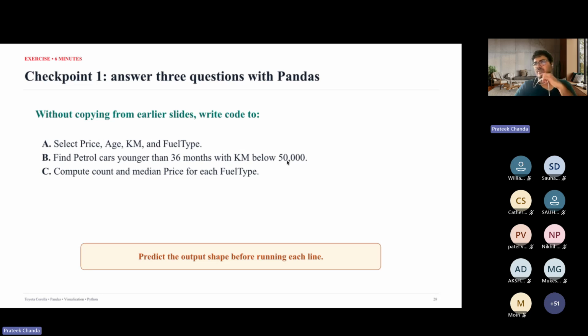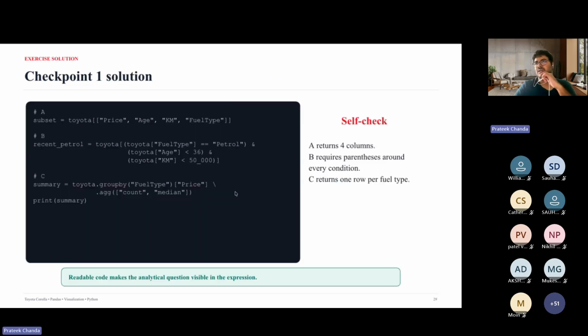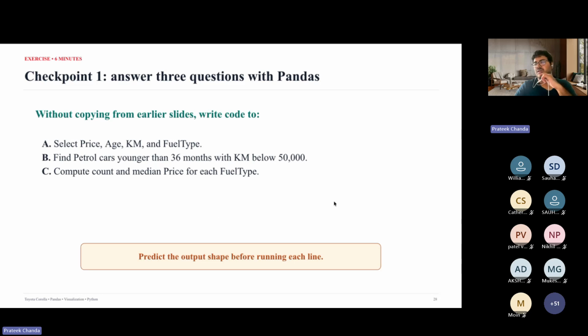I can take 3-4 minutes here so you can work this out. Given the data set, how can you find the count and median price for each fuel type? We can pause for 3-4 minutes here, and you can try this out at your end. You can open Google Colab, download the data set and try it out.